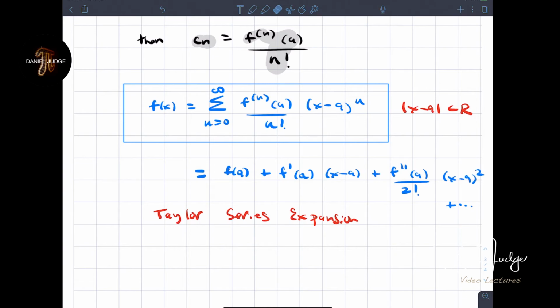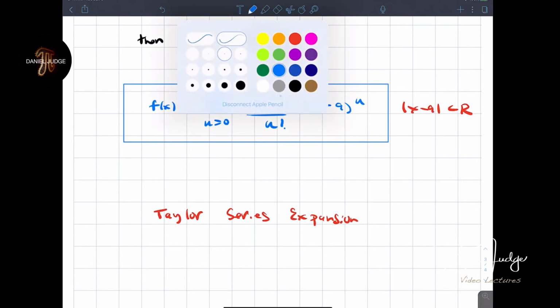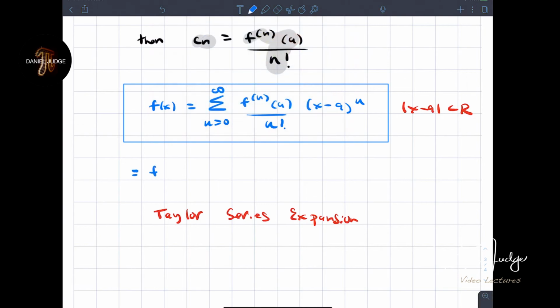And let me give you some more terms. So that first term, when we expand, you can say is f of a plus f prime a, I'm still jumping ahead, you can put 1 factorial, (x minus a) to the 1, plus f double prime a over 2 factorial, (x minus a) squared.